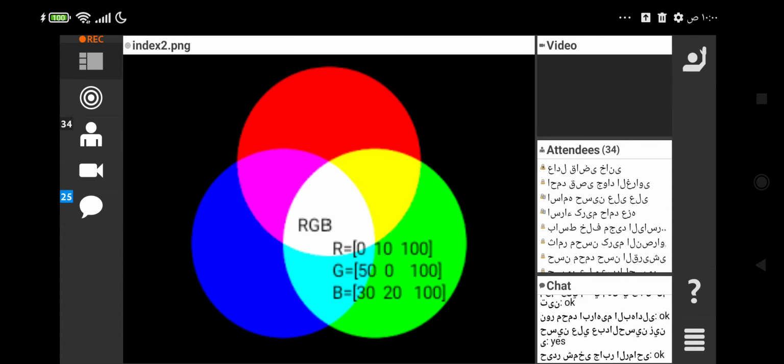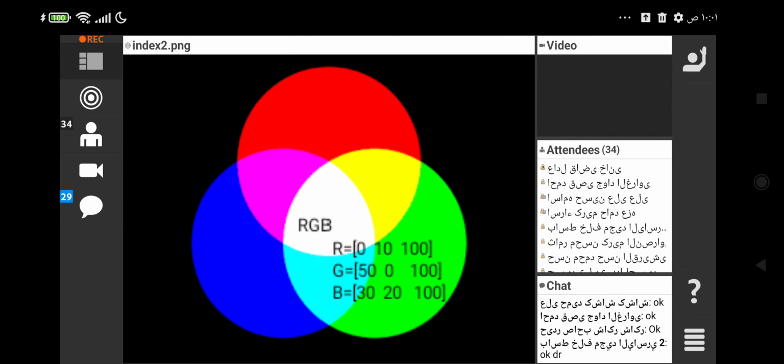RGB. Each of them is a matrix, and each of them has some pixels, very similar to the black and white image. In the black and white image we only have one matrix, and the colors are between white and black. But in the RGB we have three matrices, one for red, one for green, one for blue.